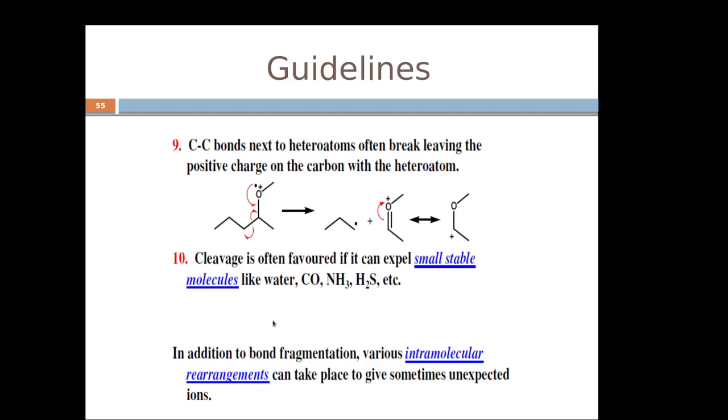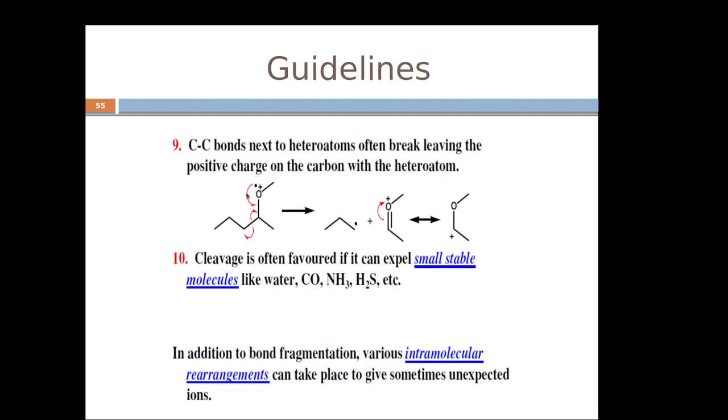Okay, for molecules that contain heteroatoms, the carbon-carbon bond that is adjacent to the heteroatom will preferably get broken or fragmented through a homolytic cleavage mechanism, likewise shown here, where the radical cationic character is localized on the heteroatom.